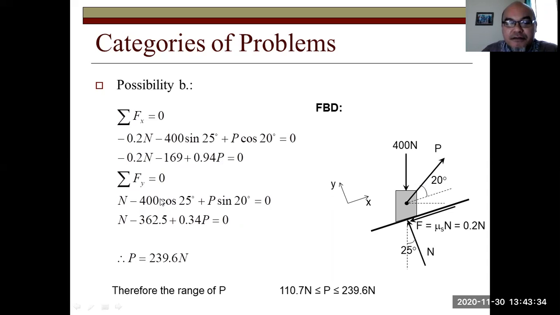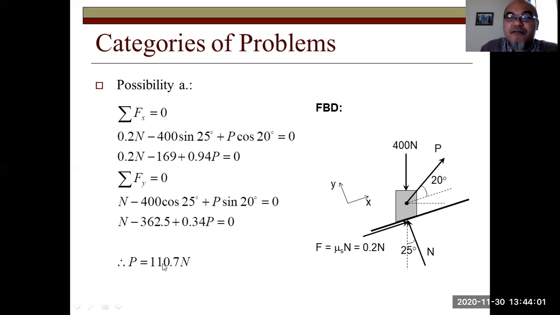Sigma Fy equals 0, N upward, negative 400 cosine 20 degrees, yeah, the vertical downward component of 400 Newton, plus P sine 20 degrees upward. So N minus 362.5 plus 0.34 P equals 0, and P equals 239.6 Newton.